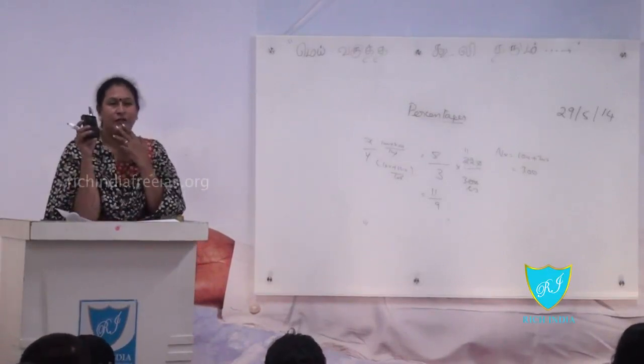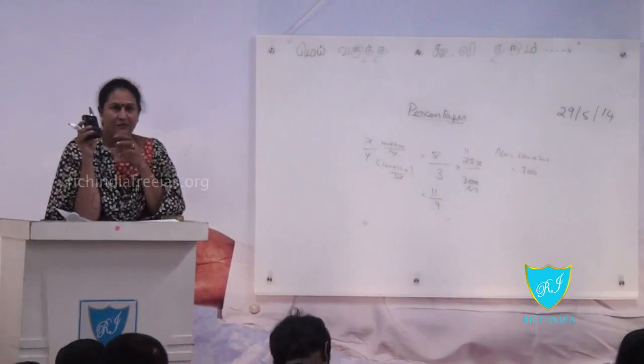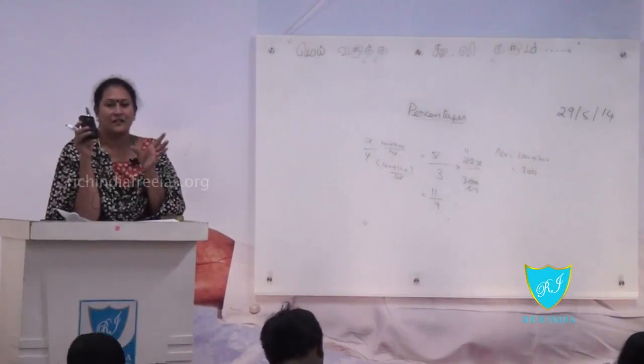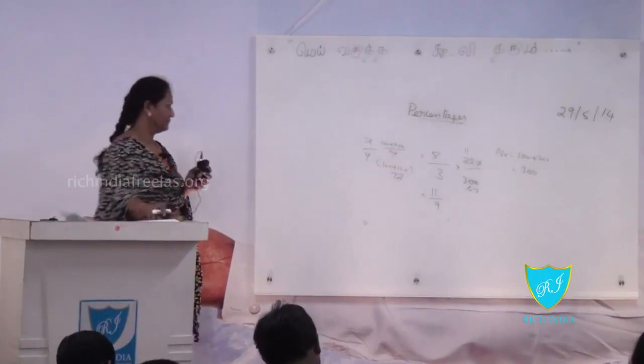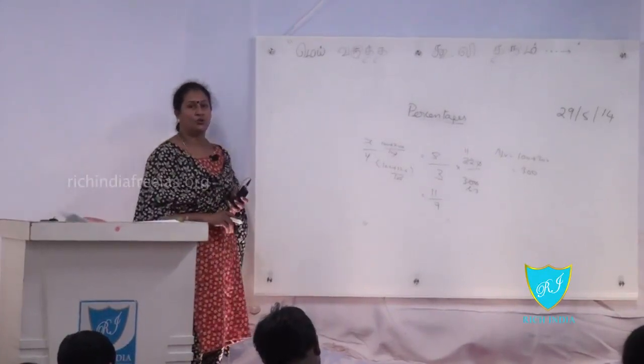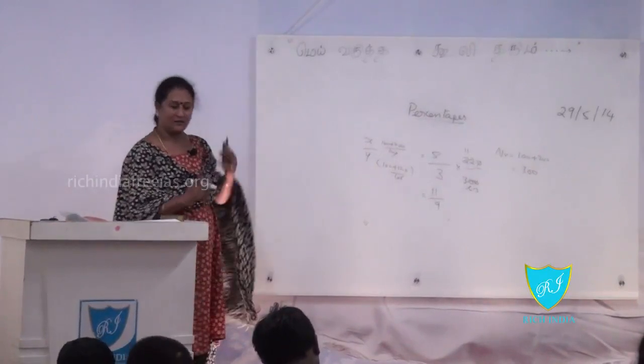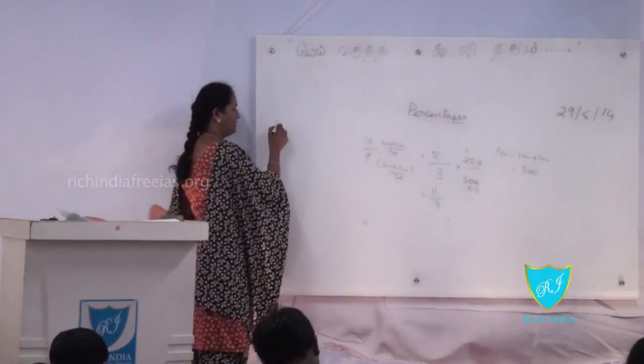So for the 14th question, when it is in percentage you add with 100, when it is a fraction you add with 1. It is 20 by 3. So what is the change fraction for the 14th question?